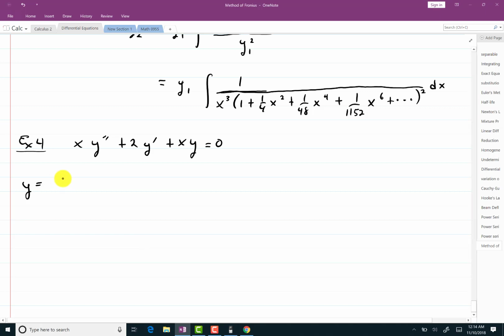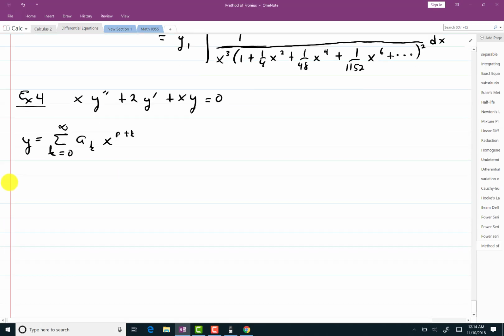So as normal, we'll do this, y equals the sum k equals 0 to infinity, a sub k x to the r plus k, and we'll plug it into the series.